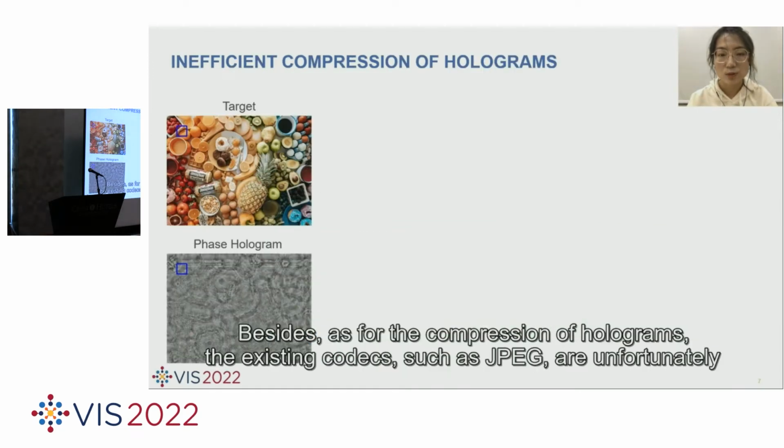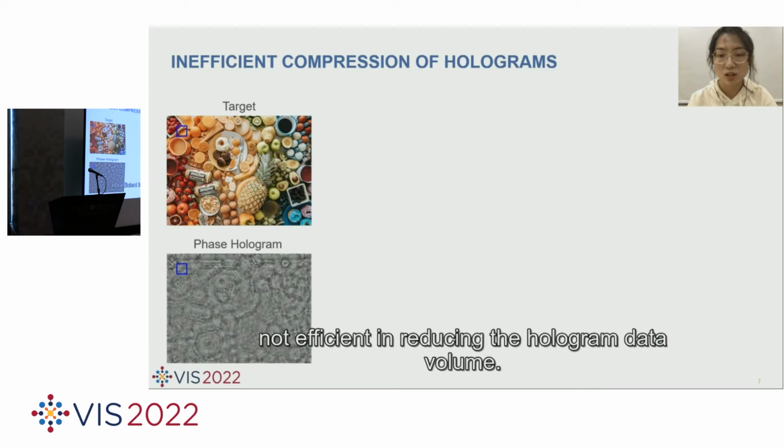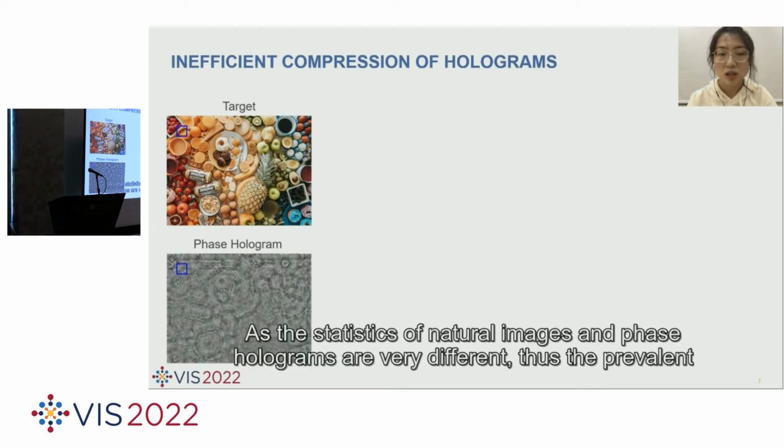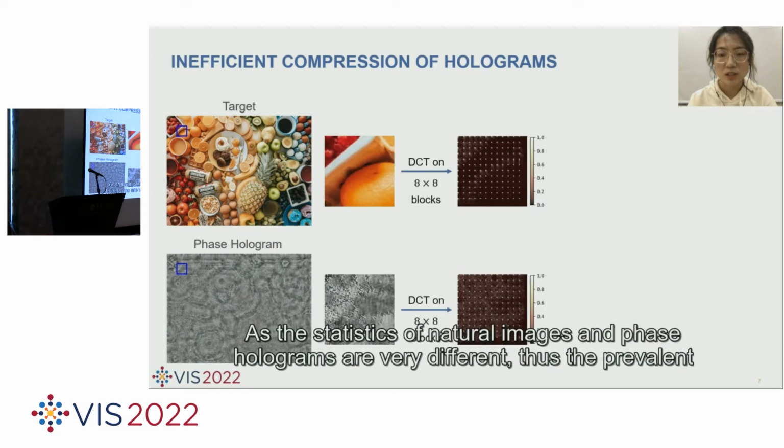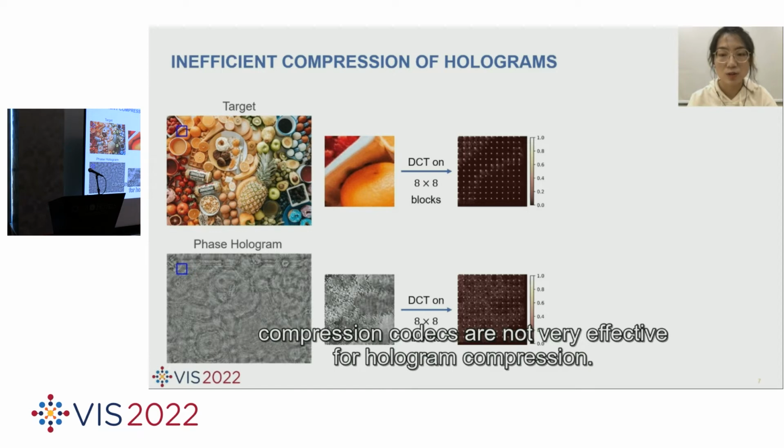Besides, as for the compression of holograms, the existing codecs such as JPEG are unfortunately not efficient in reducing the hologram data volume. As the statistics of natural images and holograms are very different, the prevalent compression codecs are not very effective on hologram compression.